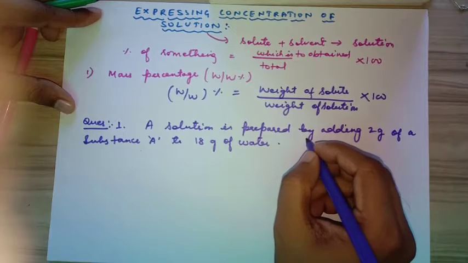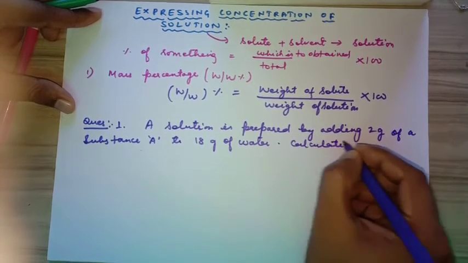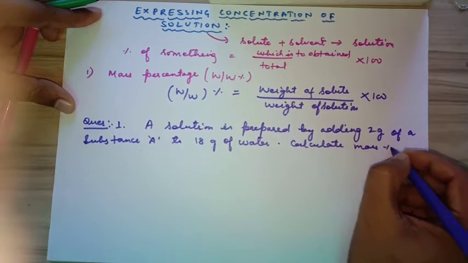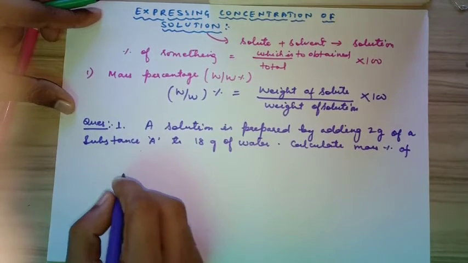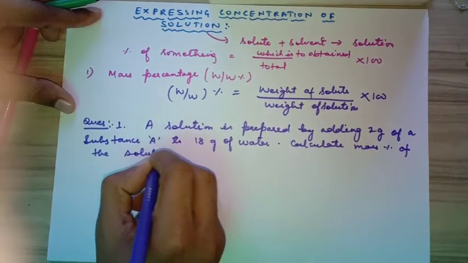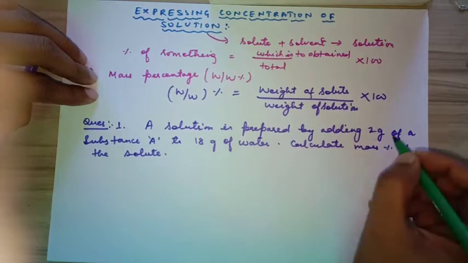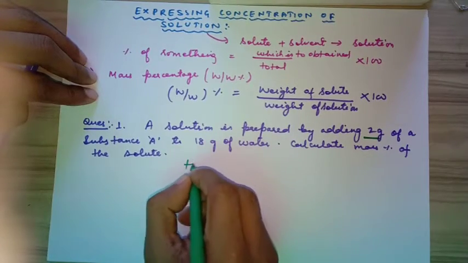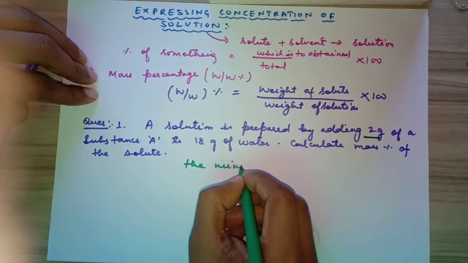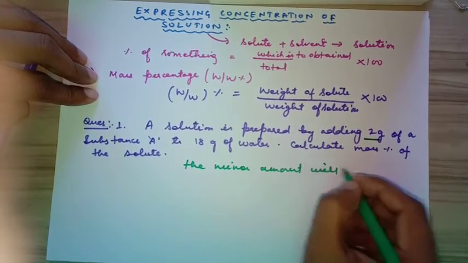We have to calculate the mass percent of the solute. So here the minor amount will be solute.